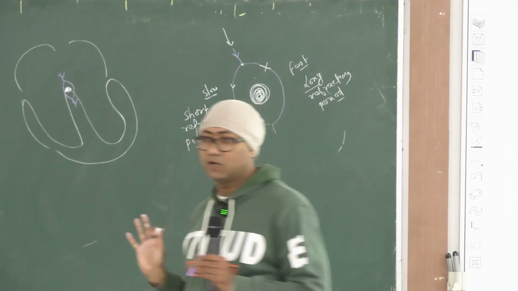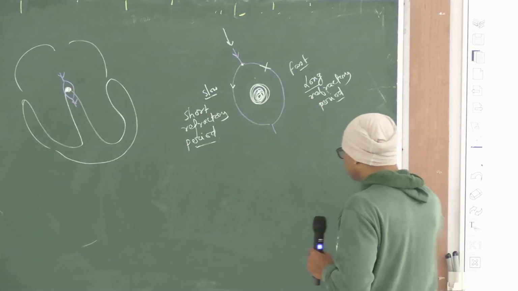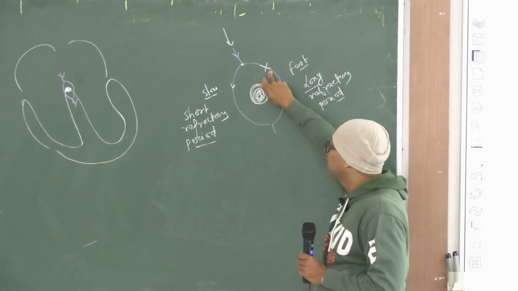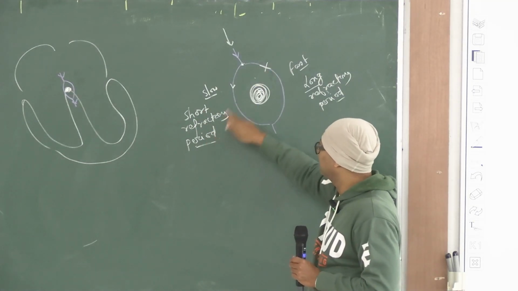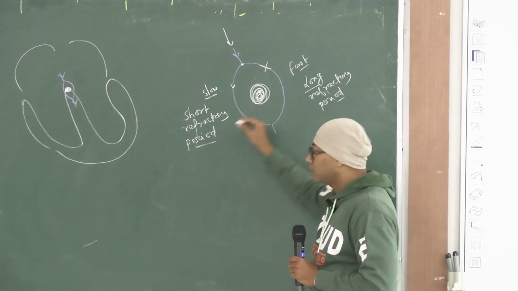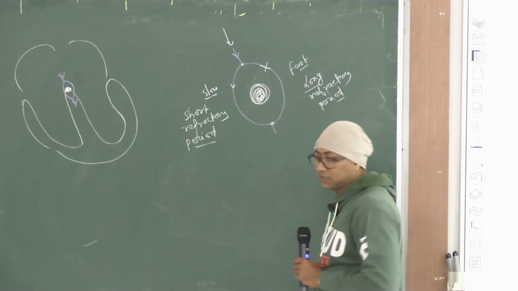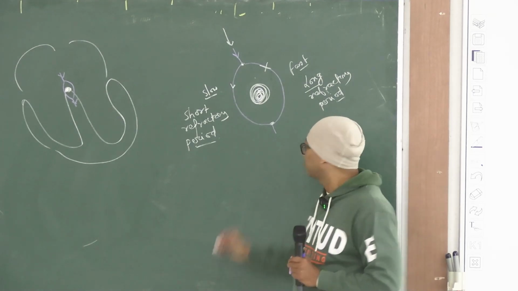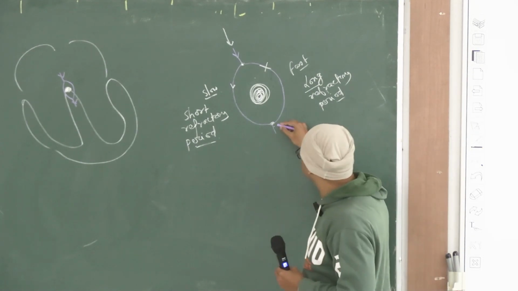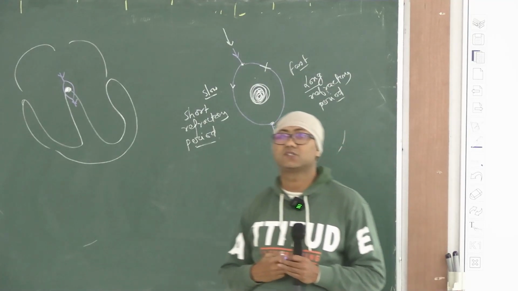So, it is not taking any action potential because it is in the refractory period, but the other has a short refractory period. So, the action potential will travel here. Now, once the action potential travels to the lower part of the circular path, the refractoriness of the long pathway is gone.